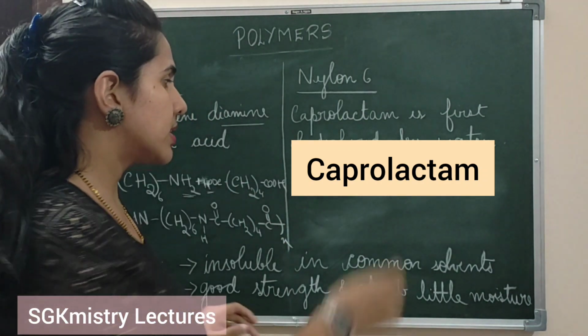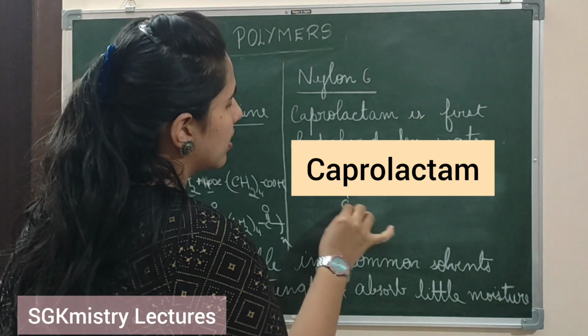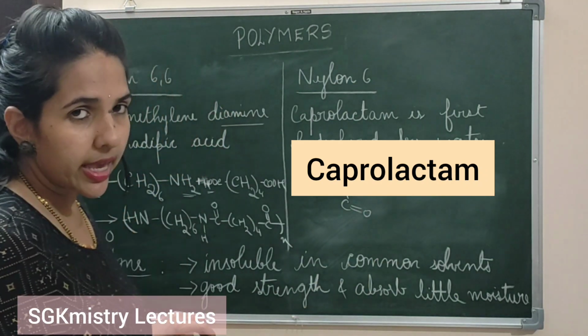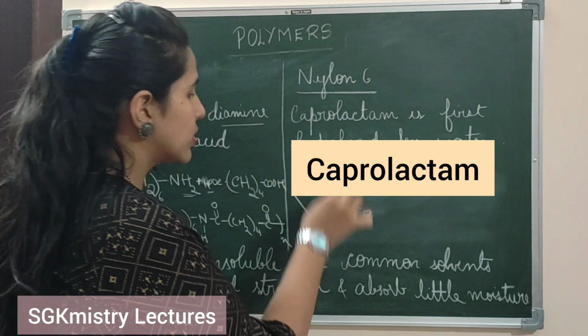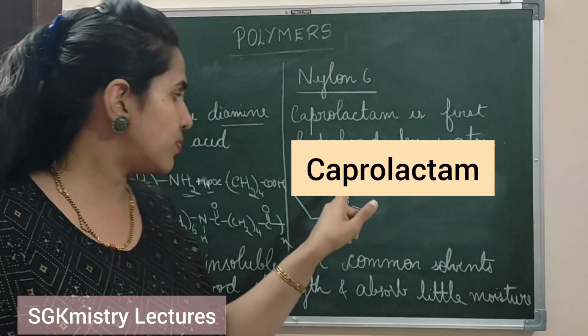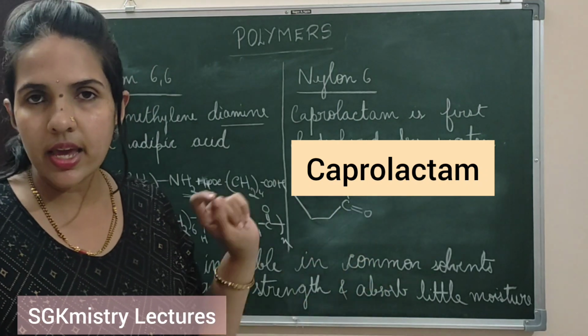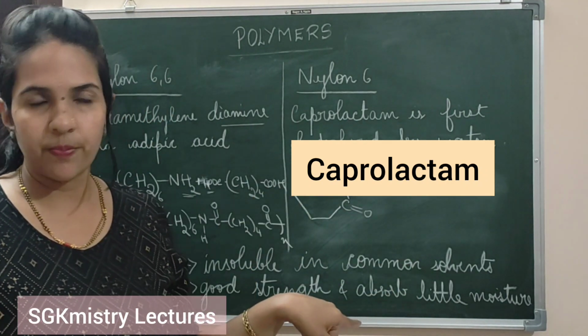So first let us write the reaction that is involved here. Caprolactam is a cyclic amide. It has 5 methylene groups or 5 CH2 groups and the amide linkage all within one cyclic structure.